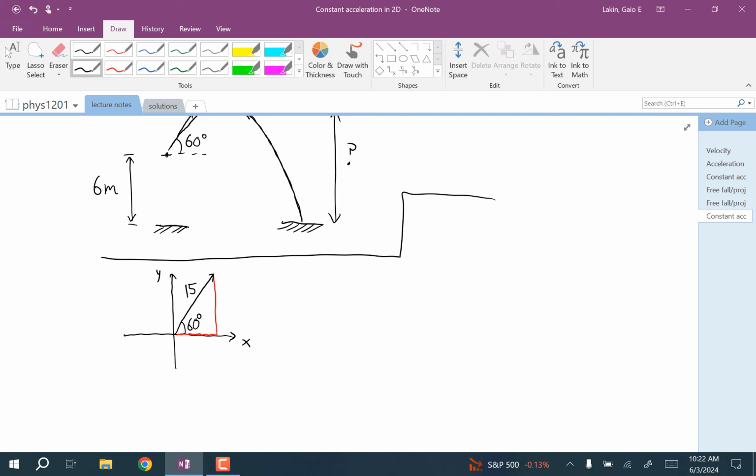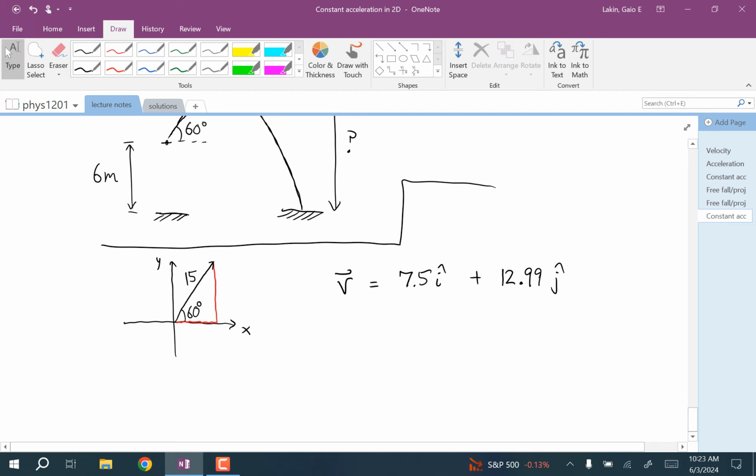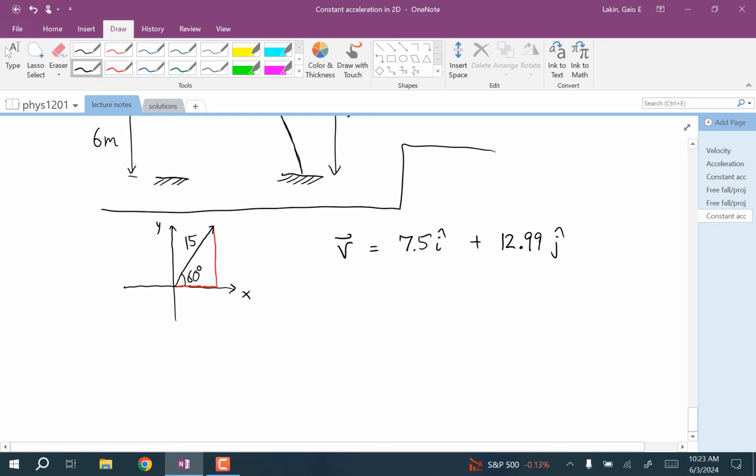And those come out to be 15 times cosine of 60 degrees is 7.5. Fifteen times sine of 60 degrees is 12.99. The acceleration is the same in all of these free fall and projectile motion problems, so I'll just write that again. That's 0 i minus 9.8 j.